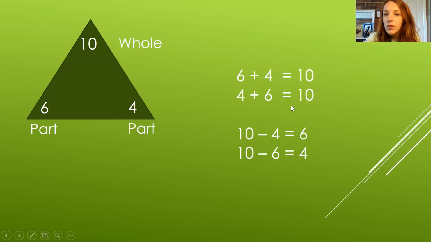But if you just look at this closely, notice that you have your wholes at the end for addition problems. You have your wholes at the beginning for subtraction problems. But this is a fact family because these 3 numbers repeat the whole time. You have a 4 in every single equation. You have a 6 in every single equation, and then of course a 10, your whole, in every single equation, and you have 4 of them.